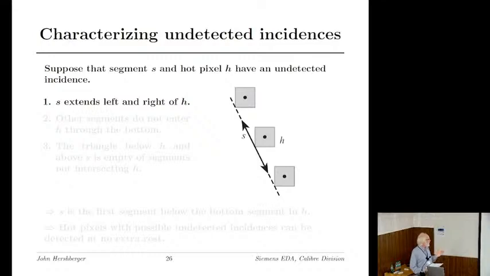First thing, we can argue that the segment extends to the left and to the right of the hot pixel H. S has to move up and to the right to hit the center of H. So that means that S has to snap up and to the right by 1/2 in the hot pixels that it contacts before and after H. That is, S is passing through the lower left corner of those pixels before and after H. So therefore, those hot pixels have to be to the left and to the right of H.